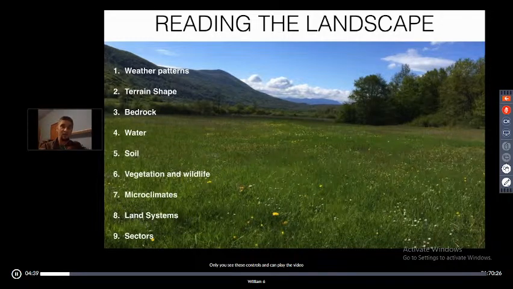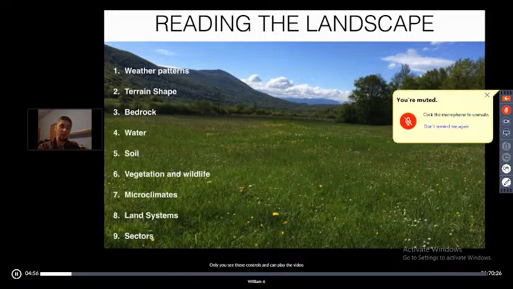I like, in this phase of reading the landscape, to create some interpretations, and those interpretations, you'll see once we go through the first major six, we then go into interpretation mode, where we are trying to find different microclimates, different land systems. You're going to see what that is next time, but also sectors.